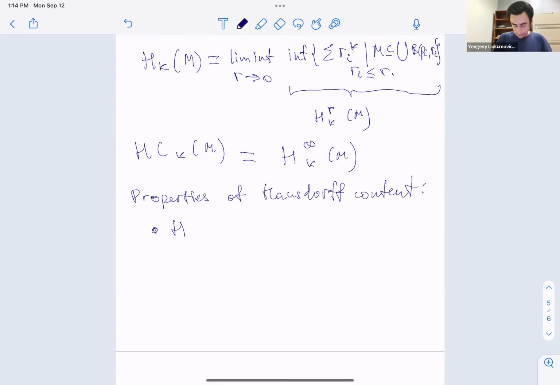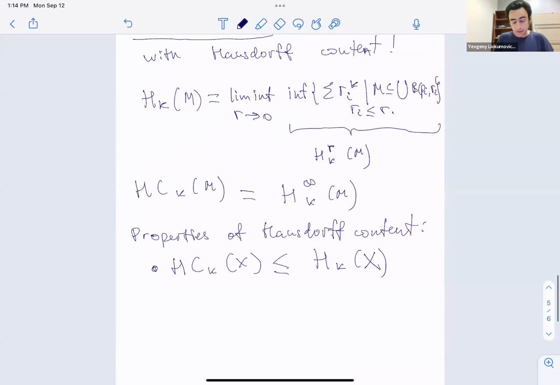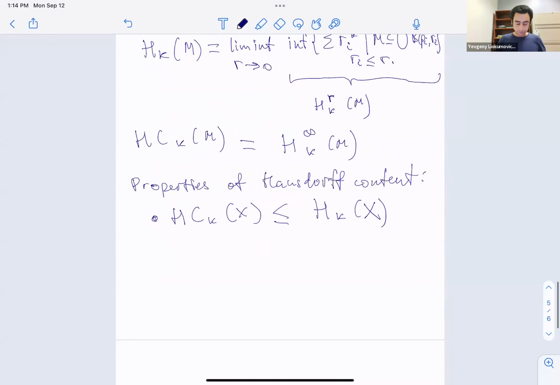First of all, the k-dimensional Hausdorff content is bounded from above, is smaller than the Hausdorff measure, the volume of space X, for any metric space X. This follows immediately from the definition.